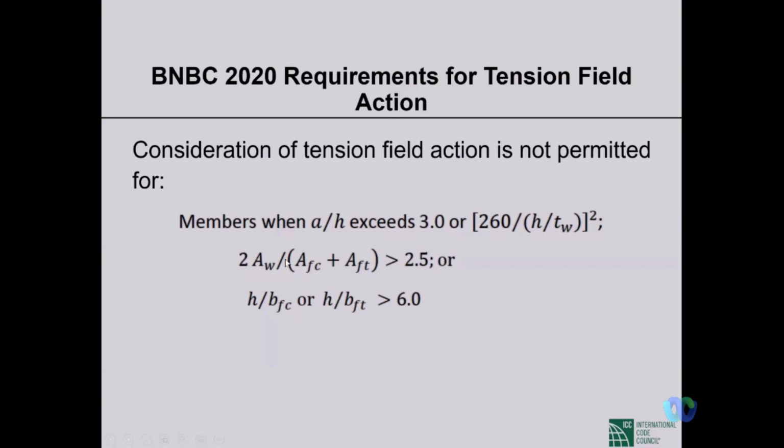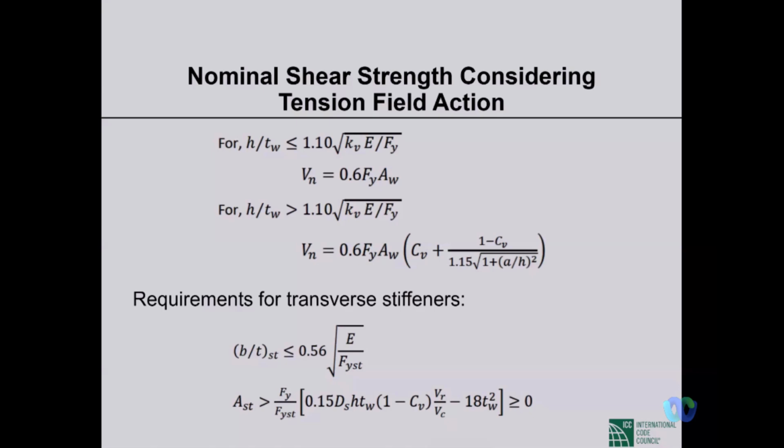And if the relative area of web, in other words the relative rigidity of web and flange, is high, then we cannot take tension field action into account. Similarly, there are some other ratios like web height versus flange width, etc. So if all these ratios are satisfied, then we can consider tension field action in calculating the capacity.